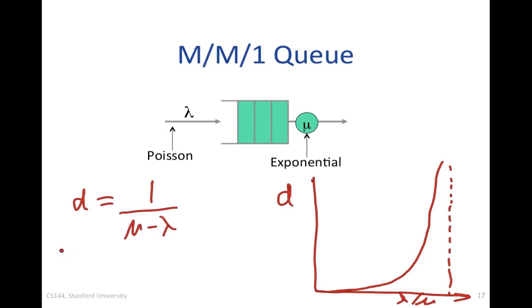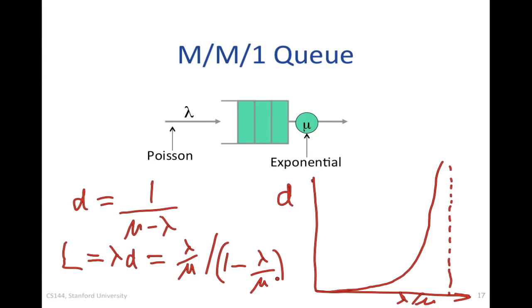We can use Little's result to figure out what the average queue occupancy is, and we know that L equals lambda times D, which in this case is simply going to be (lambda over mu) divided by (1 minus lambda over mu). The reason for writing it in terms of lambda over mu is simply that lambda over mu represents the intensity, just as I sketched on the graph here.